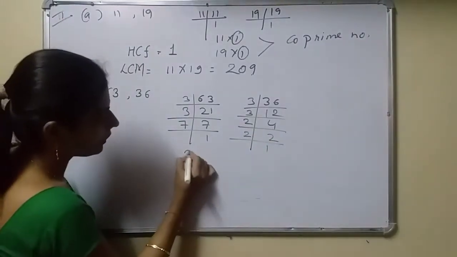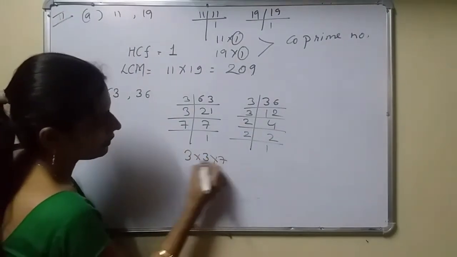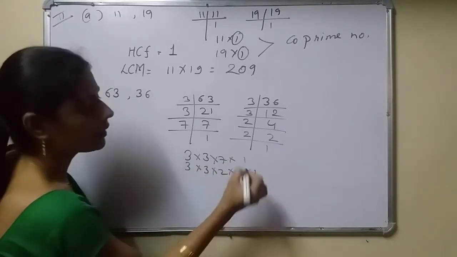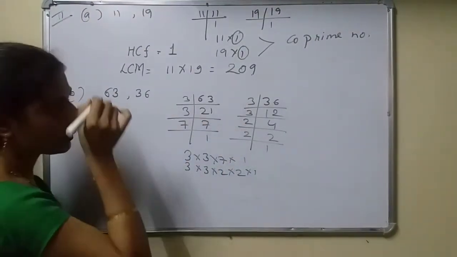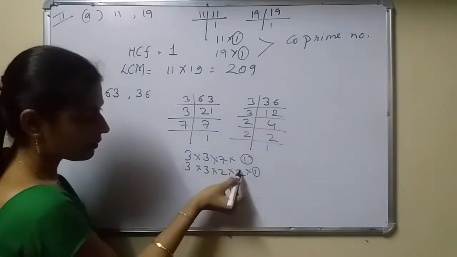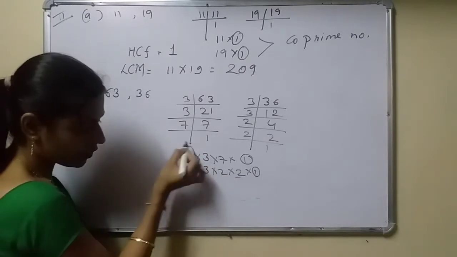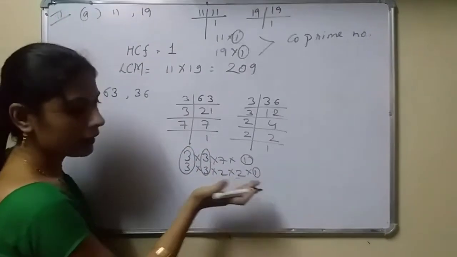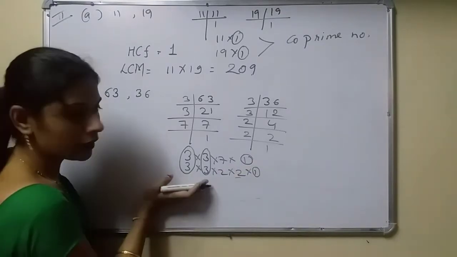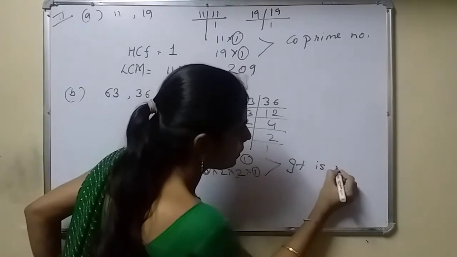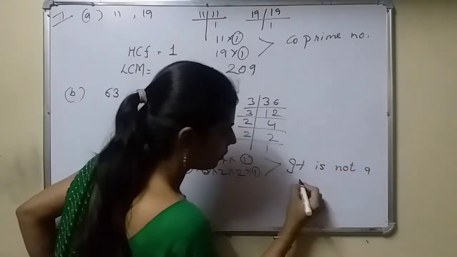Now see common factors: 3 into 3 into 7, and 3 into 3 into 2 into 2. 1 also you have to write here, because you are finding co-prime numbers. 1 is common there. Now see, 2 is not common here. 3 is common there, here also 3 is common. It means you are getting more than one number common here, so it is not a co-prime number.